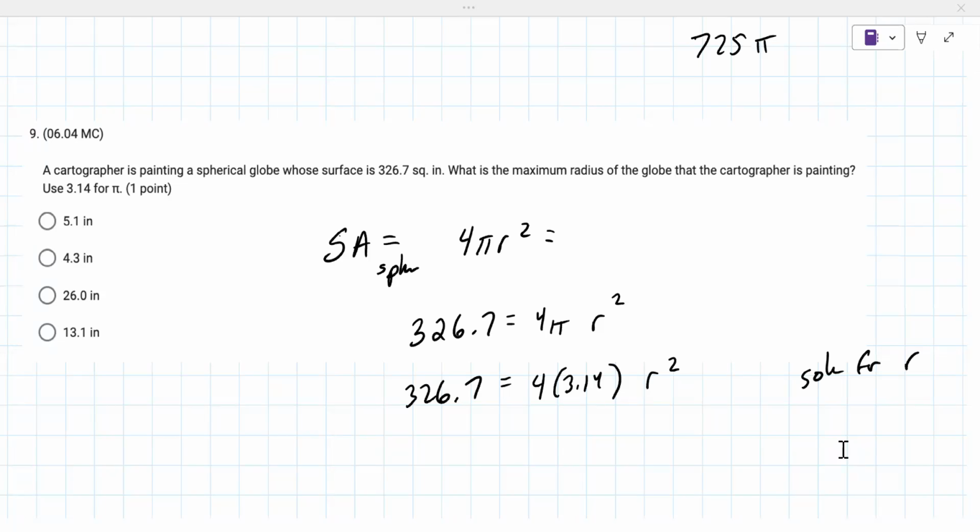I forgot to multiply it by 3.14 times 4. That's 4 pi r squared. Okay, let me redo that.